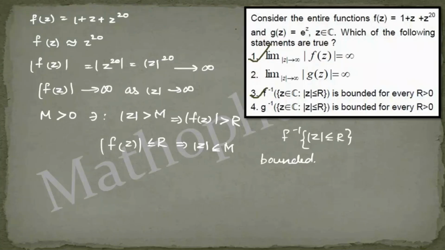Next, g of z பார்க்கலாம். Option 2 g of z கொடுத்துருக்காங்களா. g of z is equal to e power z. So mod g of z will be equal to mod e power z. Mod e power z value na it's e power real part of z.